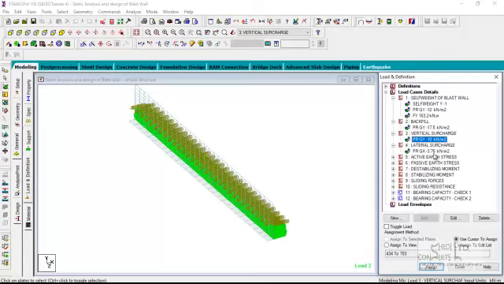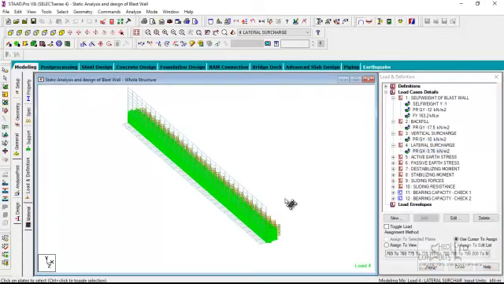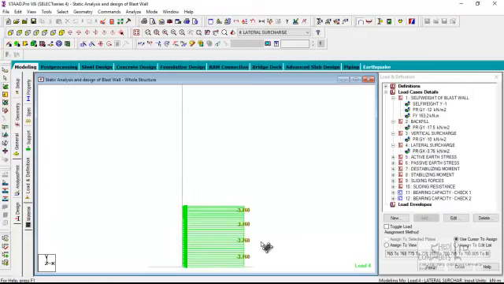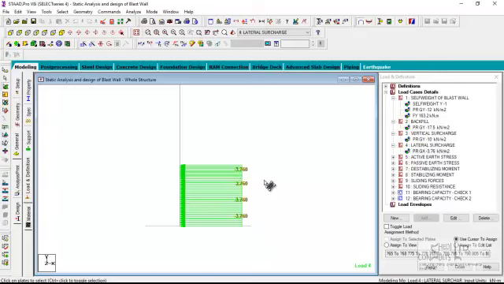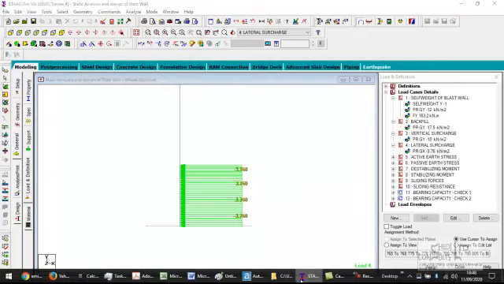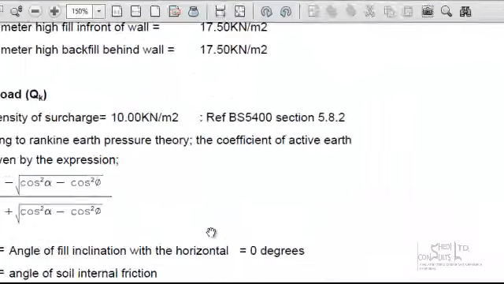Now we have lateral surcharge. When you have live surcharge, moving loads, you have lateral surcharge as well, which is a function of the coefficient of active earth stress. So look at the imposed loads.